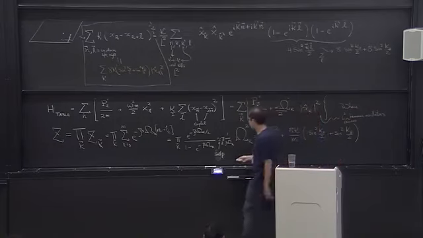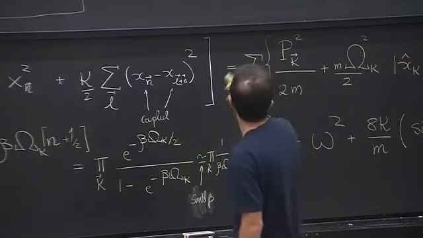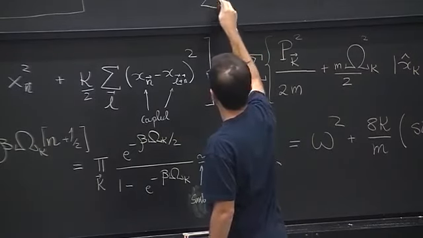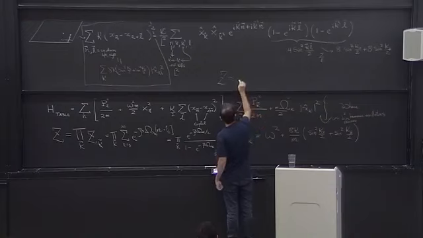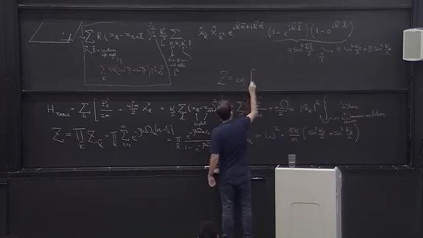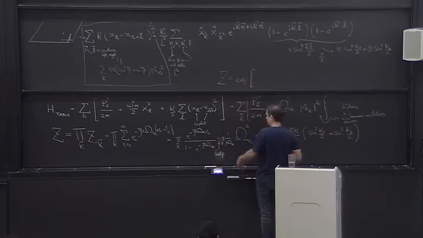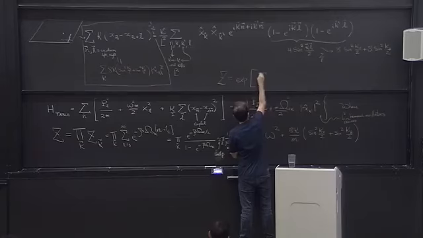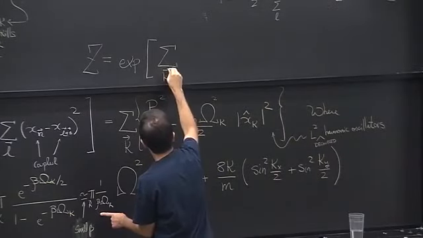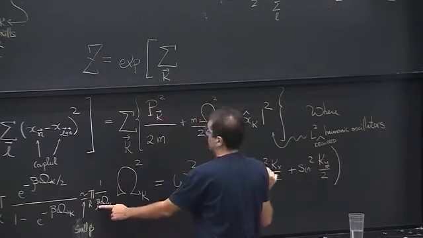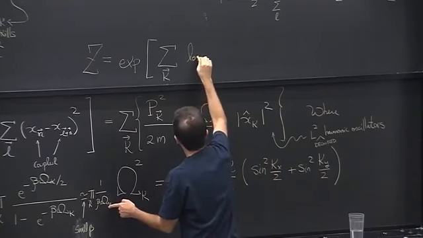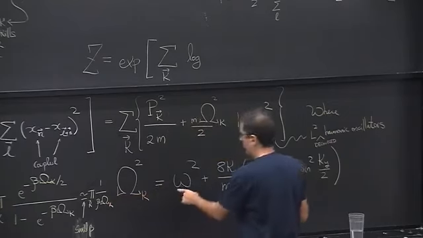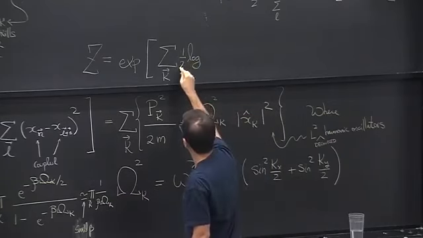And therefore, my partition function Z would be equal to, now it's a good time to take the log of Z, or say Z is the exponential of the summation over k of the log of this quantity. That would be log of omega k.